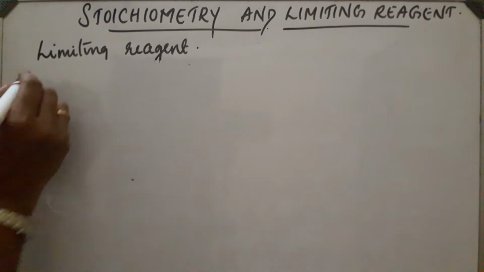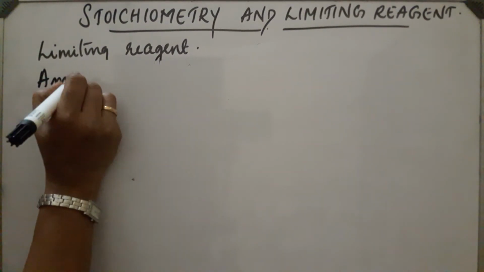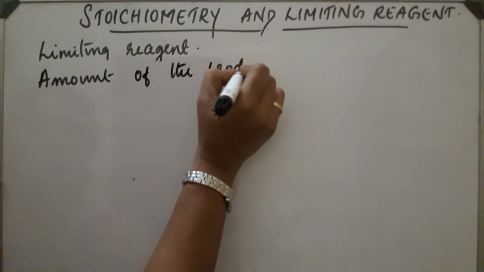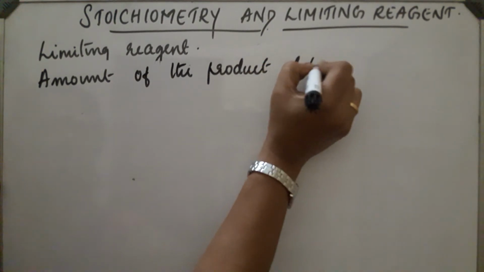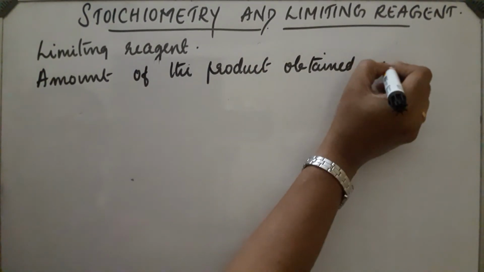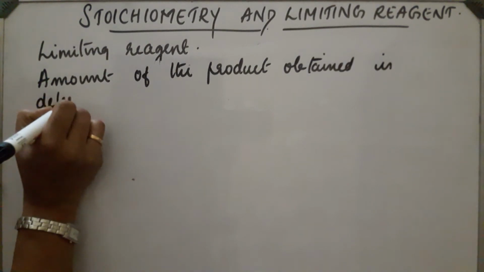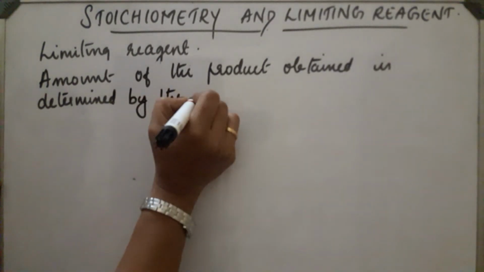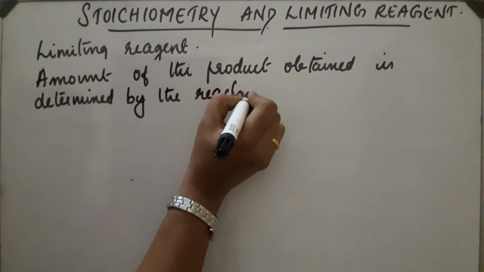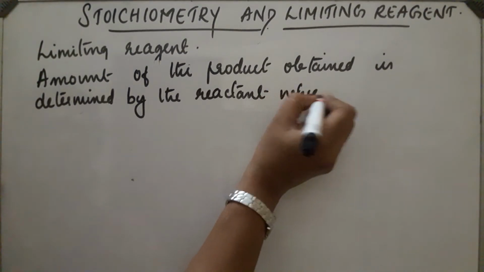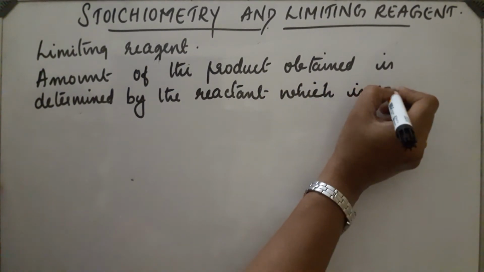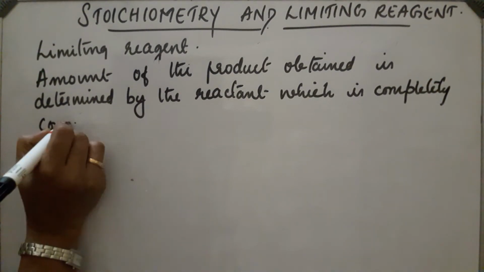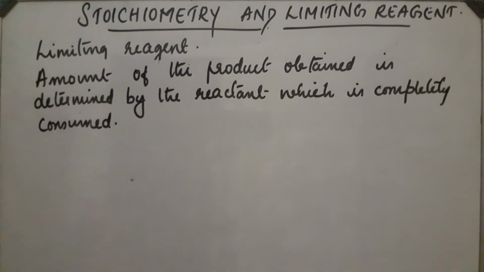So the amount of product obtained is determined by the reactant which is completely consumed. Okay, this reactant is called the limiting reagent.